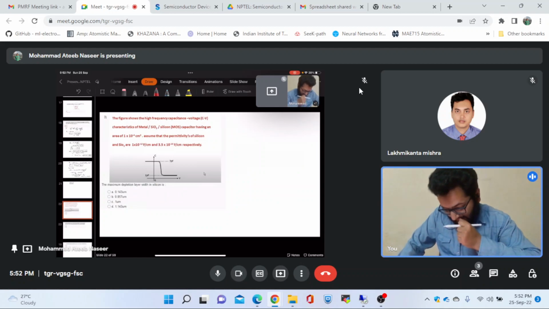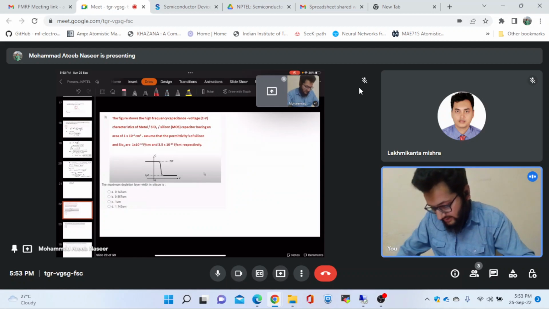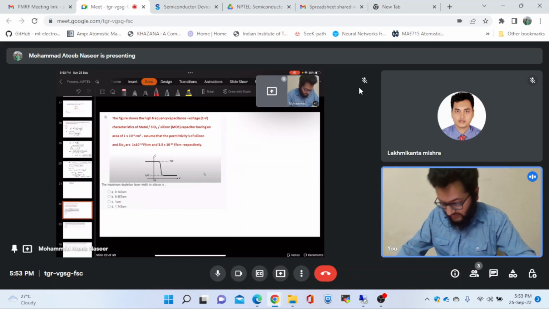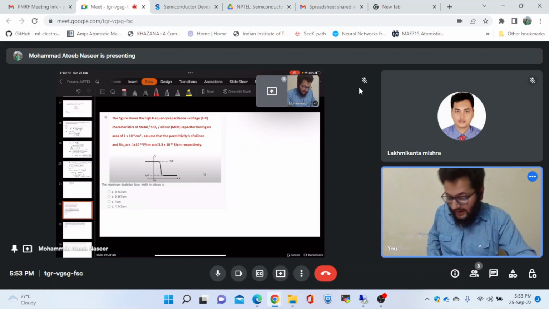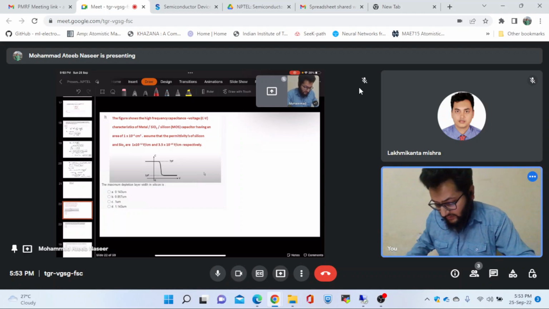Now there is another problem, and it shows that we have a capacitance versus voltage curve, and this curve has been given at high frequency, and the capacitance values have been given to be equal to 7 picofarad and 1 picofarad.